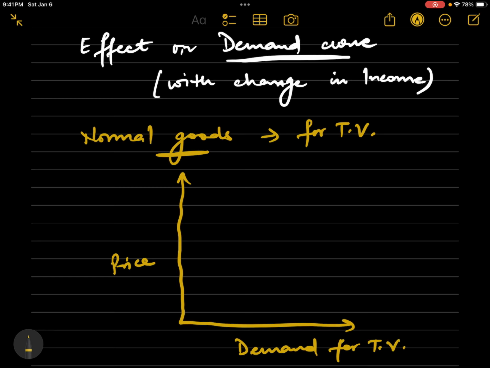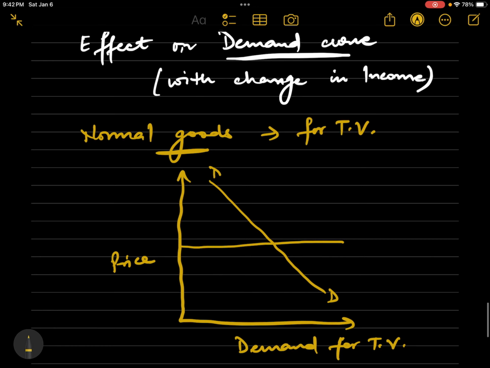So in this case, the price of the TV is this, that time demand curve is this. But if the person's income increases, and it's a case of normal goods, increase in income would lead to a shift in the demand curve to the right.